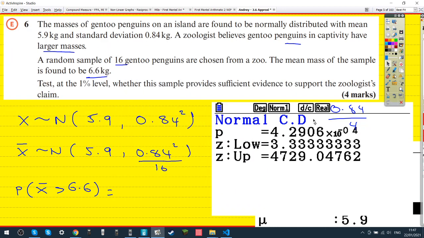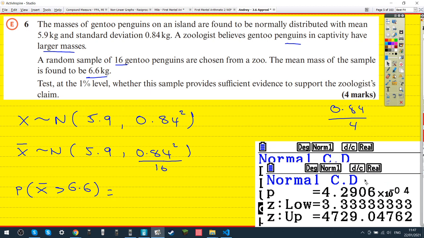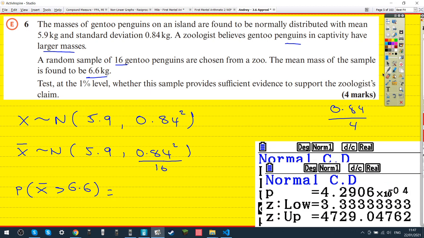So that is 4 zeros, 1, 2, 3, 4, then 429. Don't forget the decimal. If we times that by 100, it is 0.0429%.